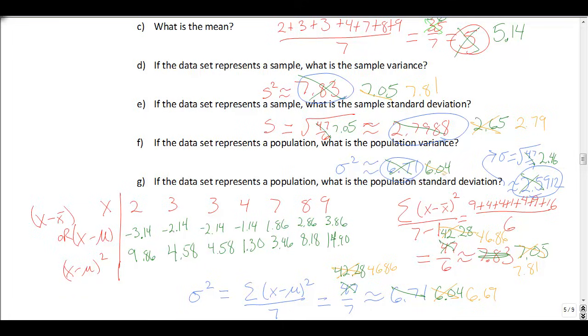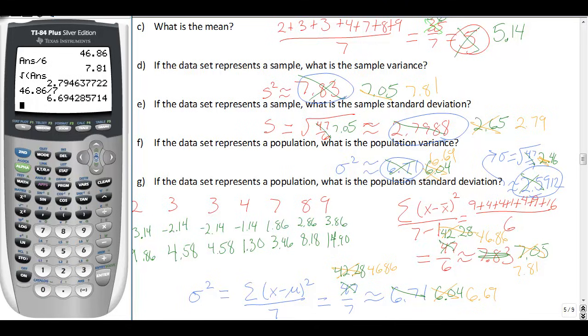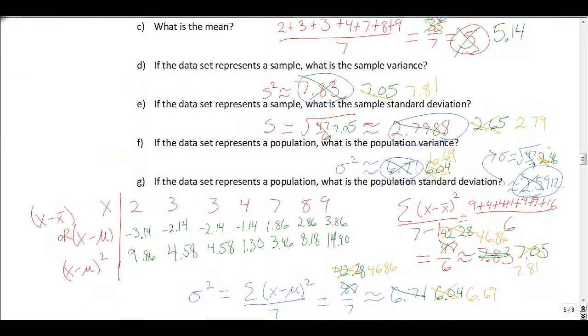So it's the population variance, 6.69. And then our population standard deviation, the square root of that, which gives us like a 2.59. So the population standard deviation is 2.59.